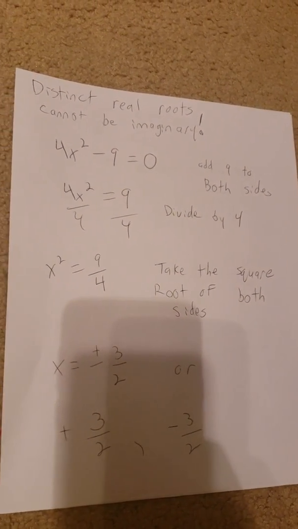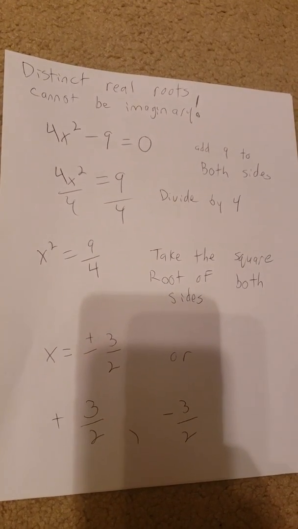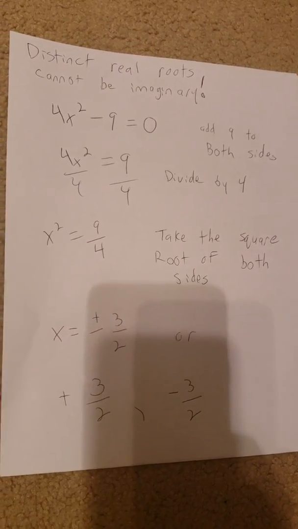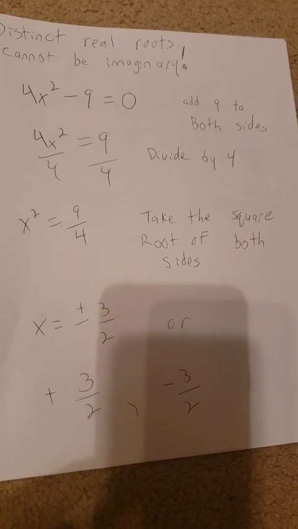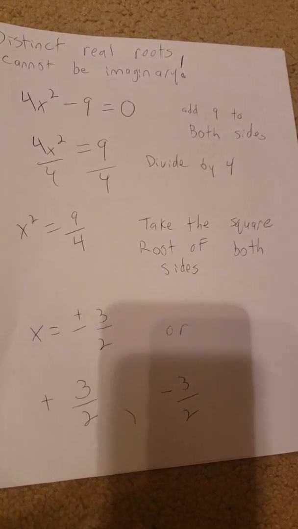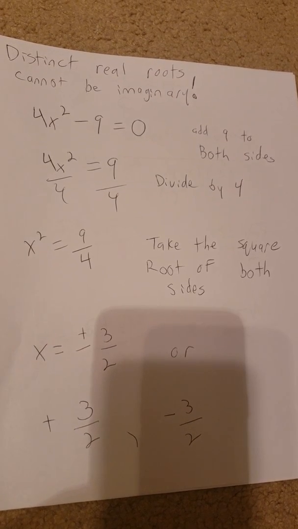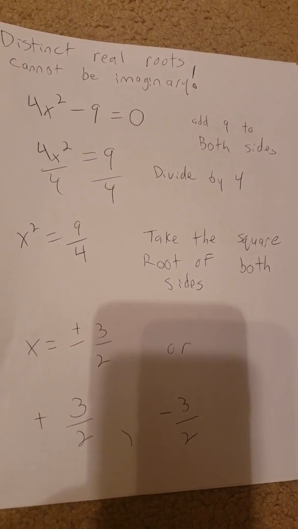For this problem, we're going to be finding the distinct real roots that cannot be imaginary. Our equation is 4x squared minus 9 equals 0. Our first step is to add 9 to both sides, which is going to be 4x squared equals 9. Now we have to divide both sides by 4.